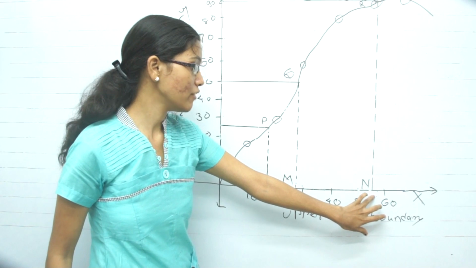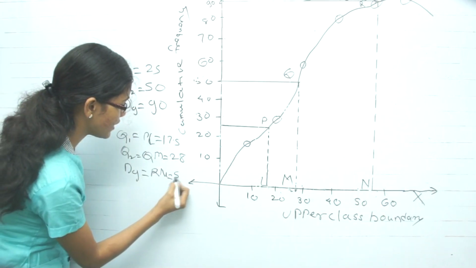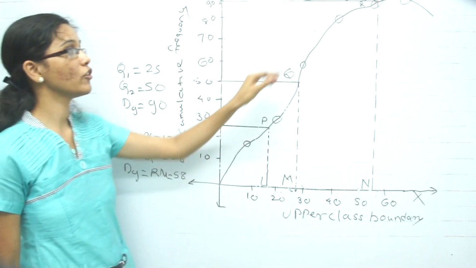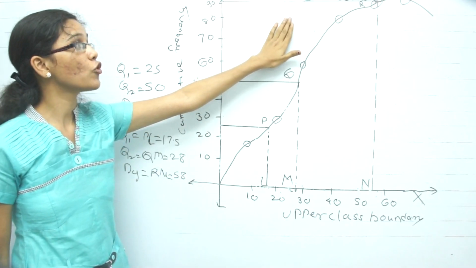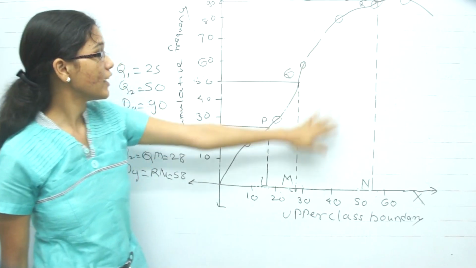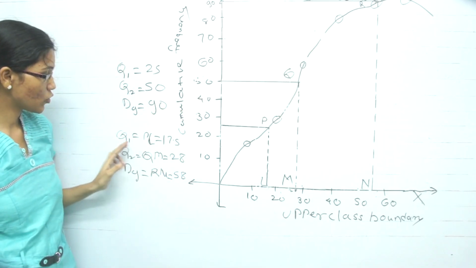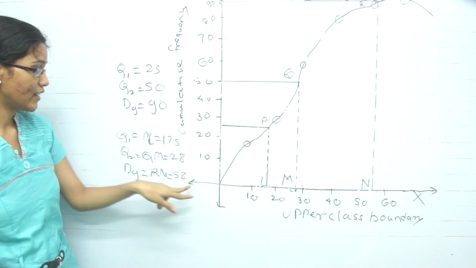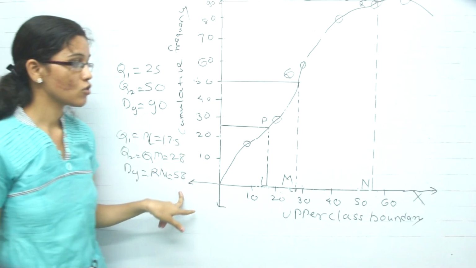So draw it graphically. You are given how to draw it graphically. So that is in the graph. The first quartile is 17.5 and second quartile is 28 and ninth decile. Here is the answer.